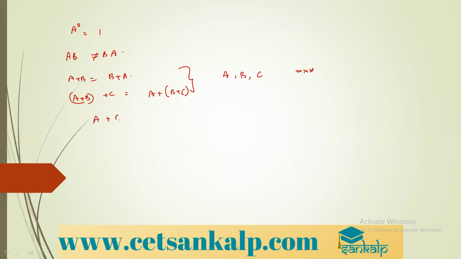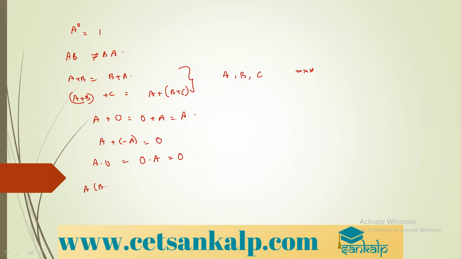Then A plus null matrix will be equal to null matrix plus A, which is equal to A. A plus negative A will be equal to the null matrix. A into null matrix will be equal to null matrix into A, which is equal to 0.